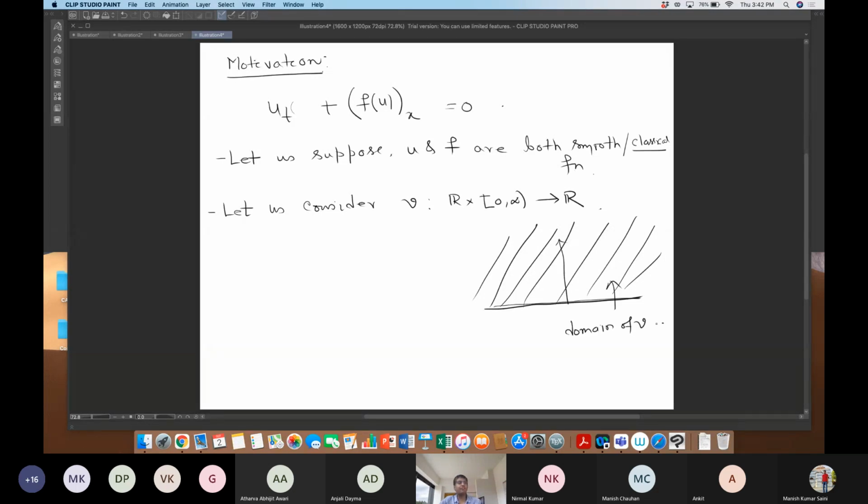Let us consider v in C_c infinity, a smooth function with compact support.